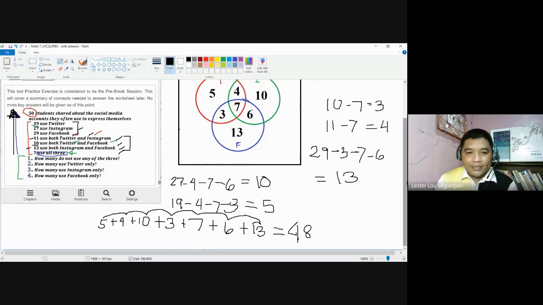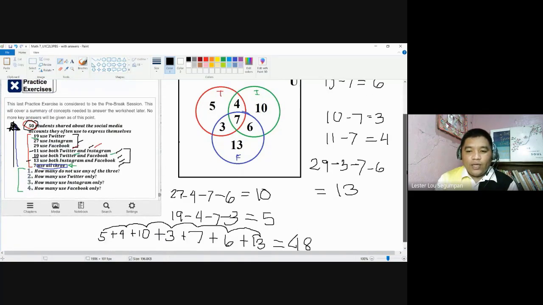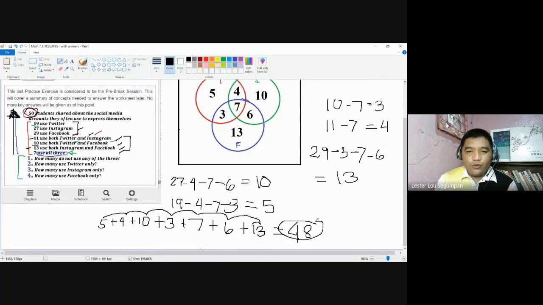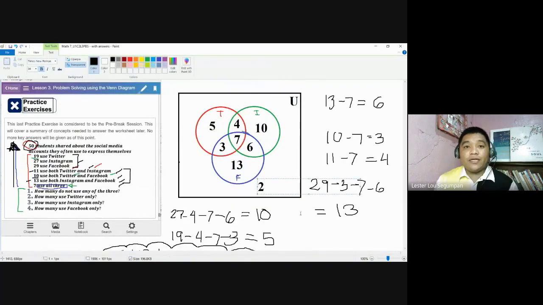But to complete, we need to make sure that our universal set contains 50 students. We still lack 2 to make 48 into 50. This is the number of students that answered none of the three.